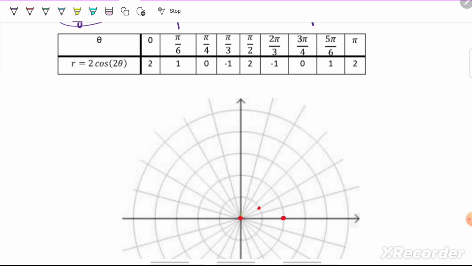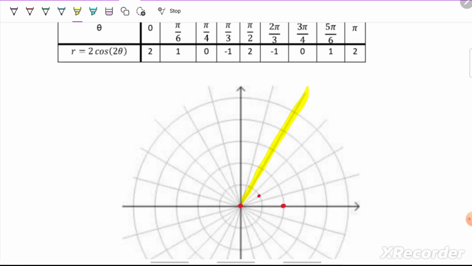At pi over 3, we're going negative 1 rings. So remember, when your r value is negative, you go in the direction opposite of your angle. So we're going 1 ring in that opposite direction.